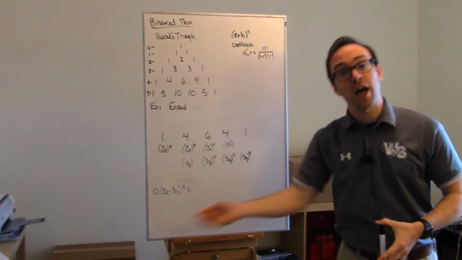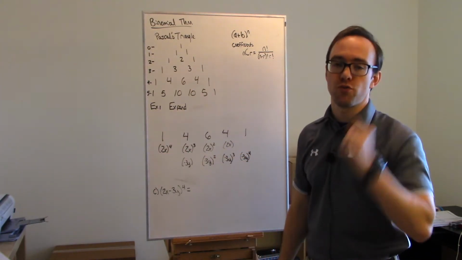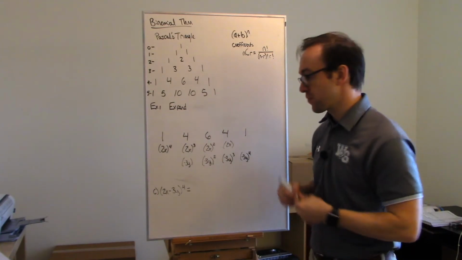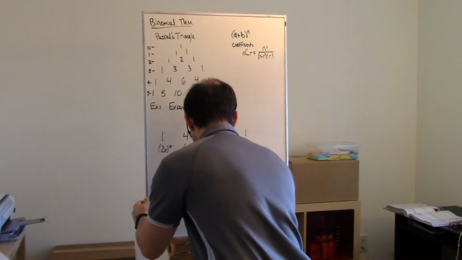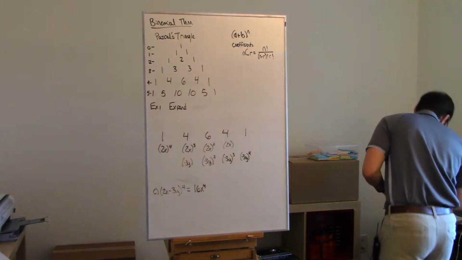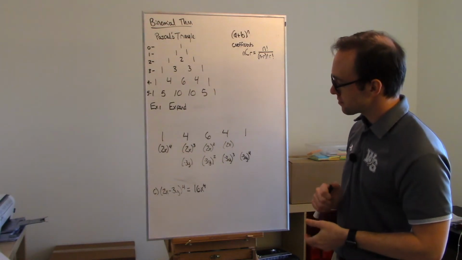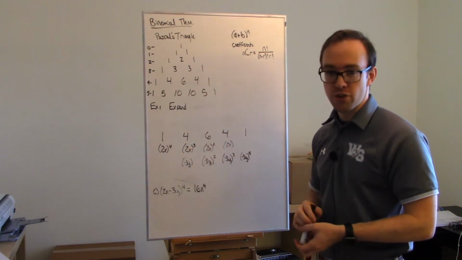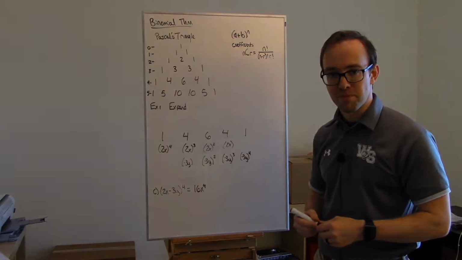Now we simply multiply down, so 1 times 2x to the fourth. So 1 times 2 to the fourth, x to the fourth, or 16x to the fourth. For the next spot, 4 times 2 to the third, or 8, times negative 3.